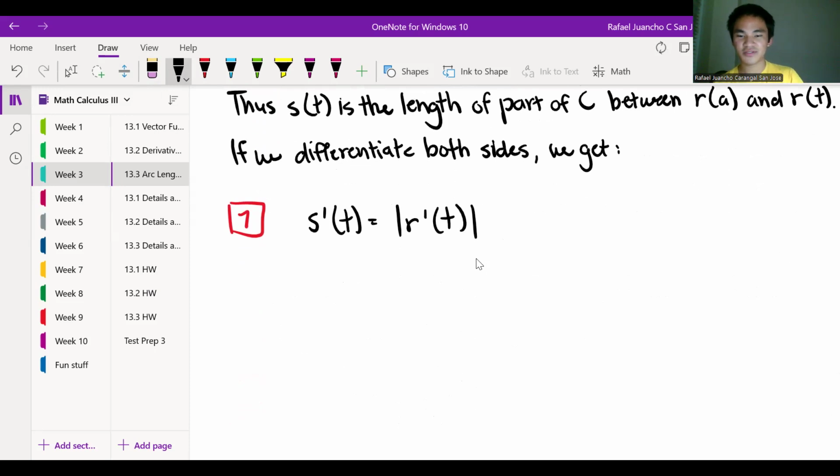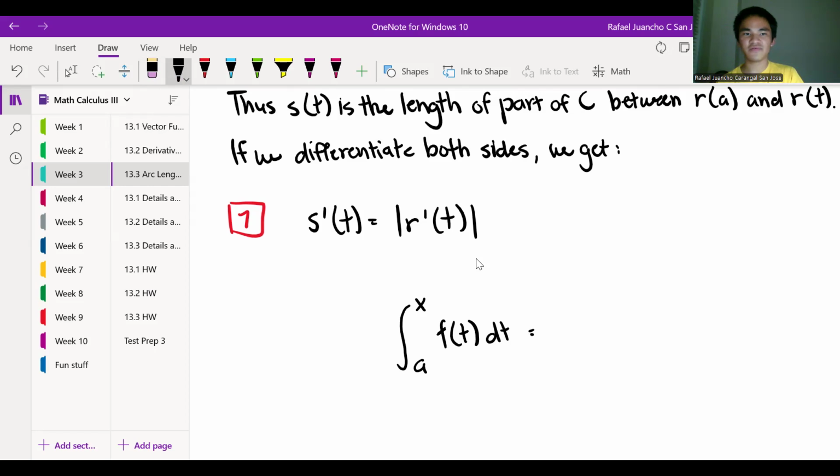So let's just talk about it real quick. If we have an integral from a to t, or actually a to x, why not? Let's just do x. So this is a real valued function. Then we have f of t dt.